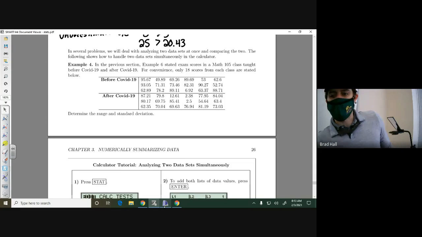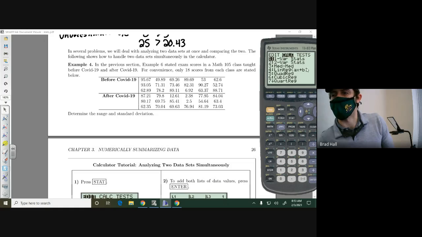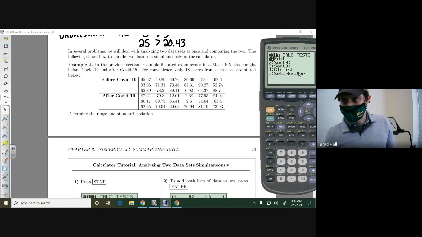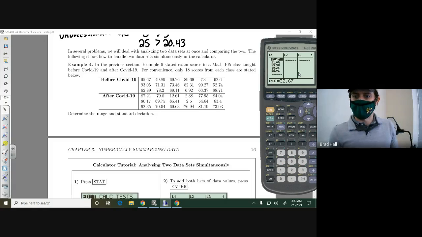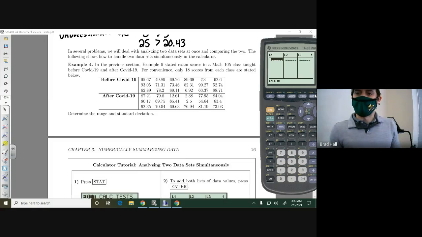So instead, ultimately we're going to be using the two variable statistics in the calculator because we'll have two data sets. So we're still going to go to edit like we did before. Clear that. And the first list is going to be the first data set.